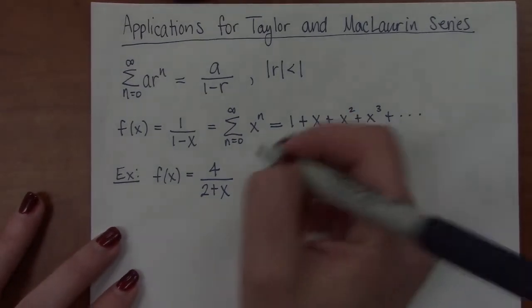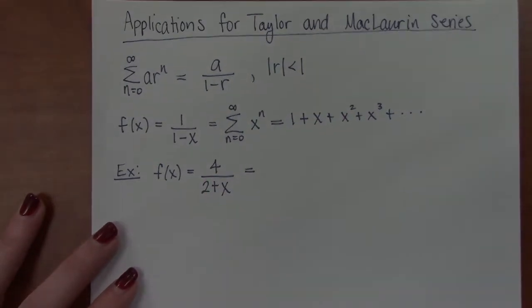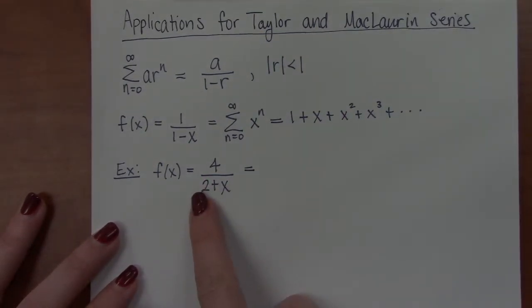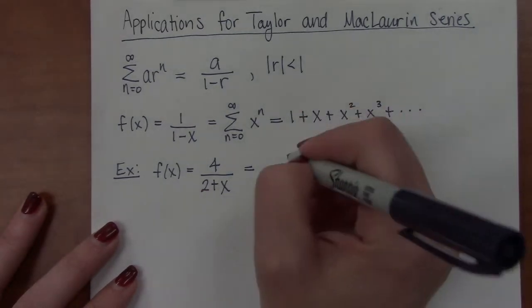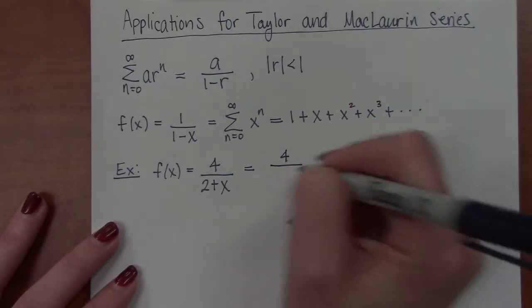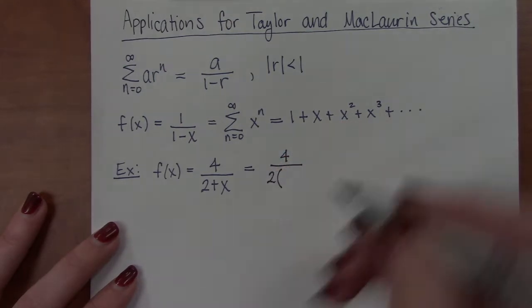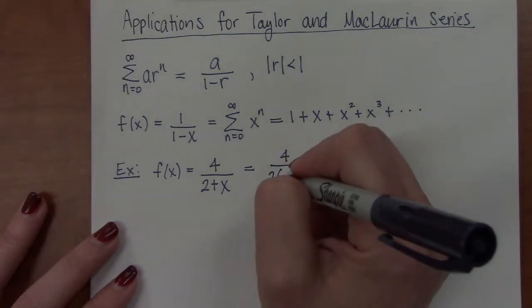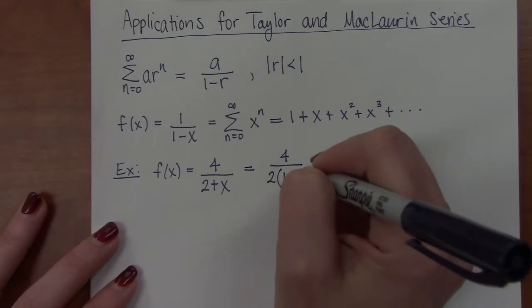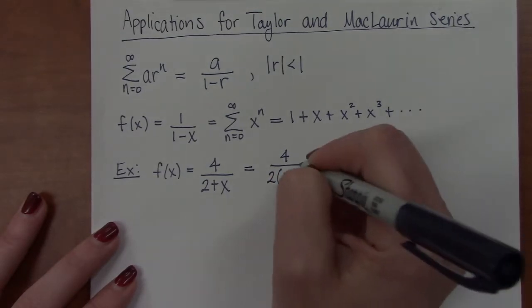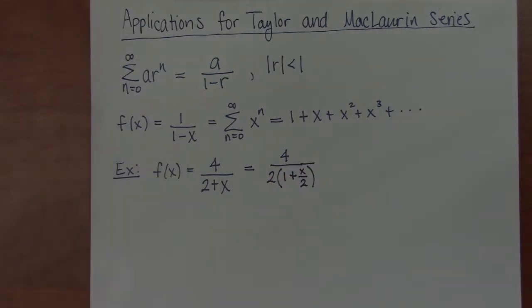So first, I need a 1 in this denominator, and in order to get a 1 in the denominator, I need to factor out a 2. If I factor a 2 out of the denominator, I get 1 plus x over 2. If you distribute that back, you'll see those are equivalent statements.